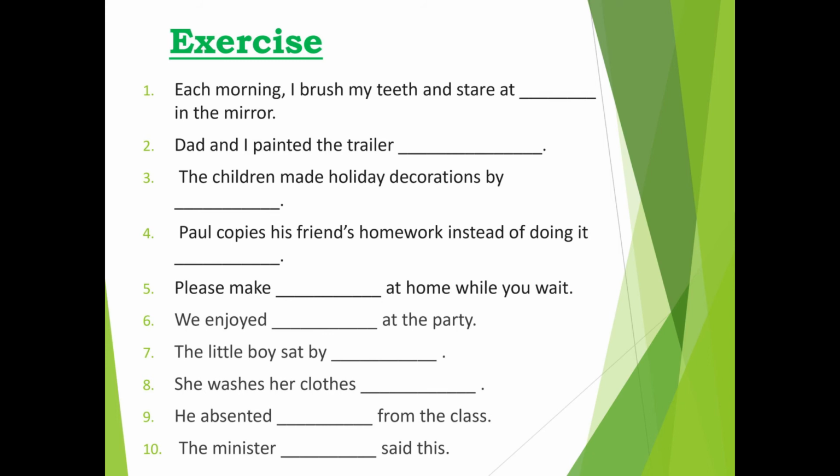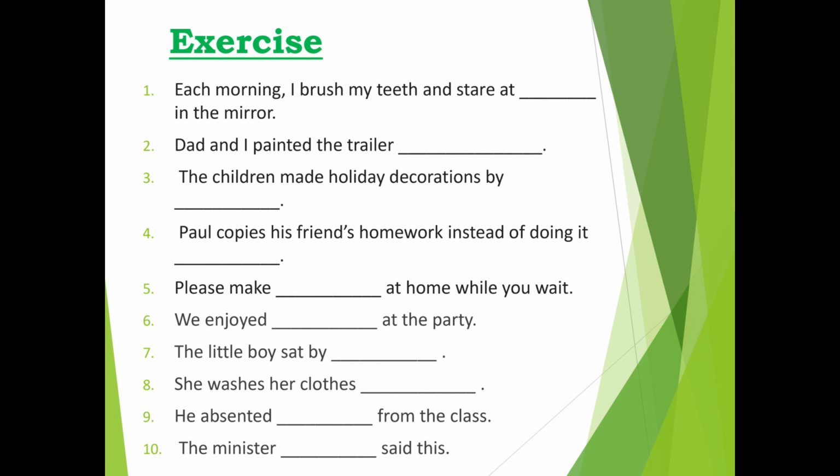Next, Paul copies his friend's homework instead of doing it dash. Now here, Paul is also a third person we are talking about, and since it is masculine gender and singular, that's why we will use himself. Paul copies his friend's homework instead of doing it himself.